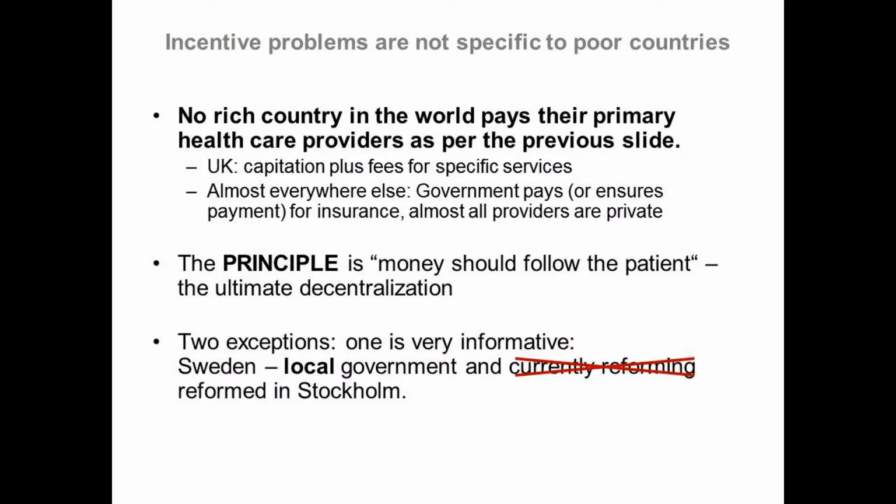Every medical system has to deal with this kind of incentive problem. No rich country in the world, however, pays their primary healthcare providers as per the previous slide, meaning salary, no monitoring, not being able to fire, et cetera. In the UK these days, they started out with salaries, but now it's mostly capitation for primary care doctors, plus fees for specific services.